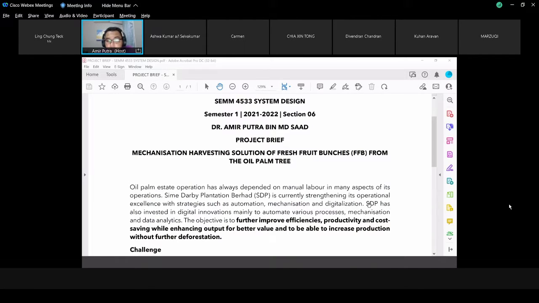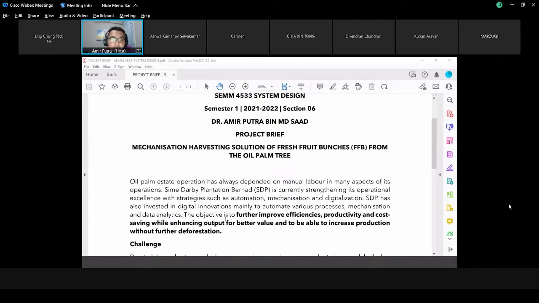So Sime Darby Plantation has also invested in digital innovation, mainly to automate various processes. Okay, mechanization and data analytics. They did a lot of things. Okay, the objective is to further improve efficiency. The first one is efficiency.